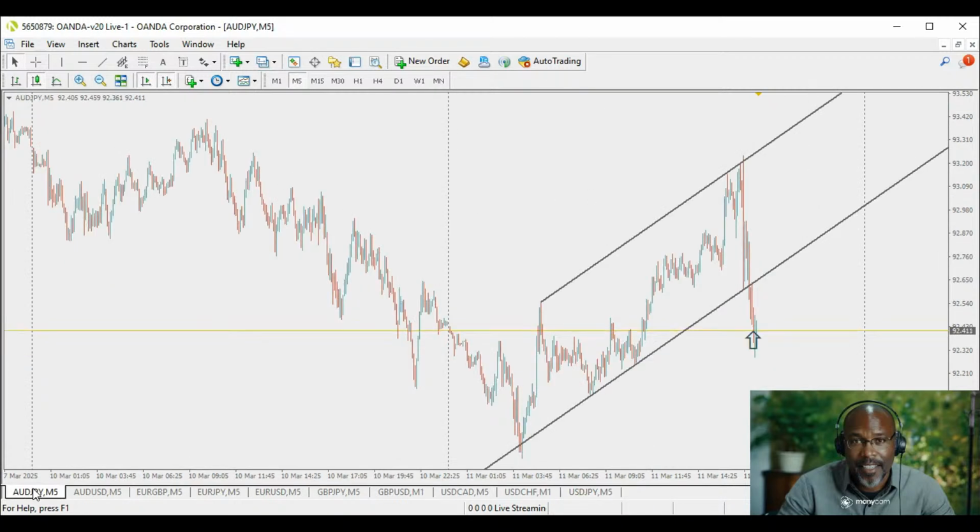The Aussie dollar Japanese yen will hit 8 hour support at about 91.96.